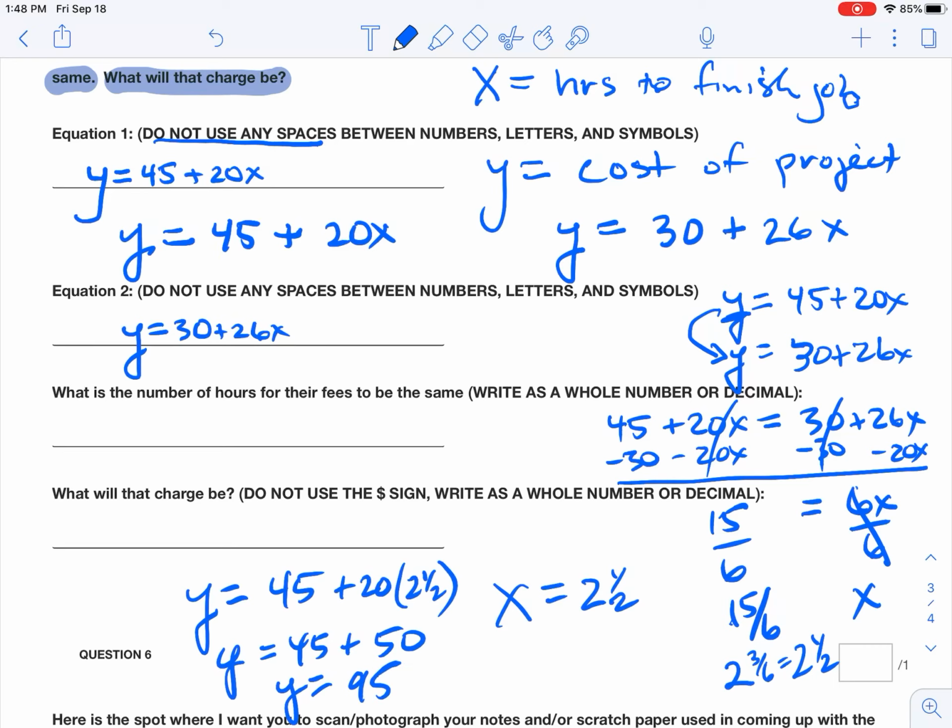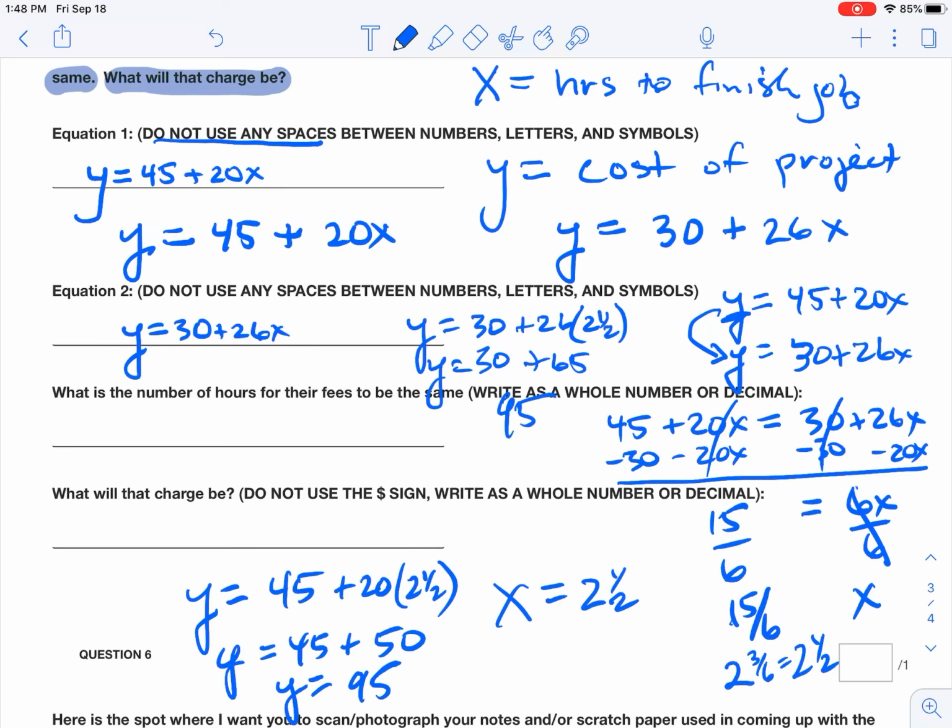And if you did this one, you would get exactly the same: Y equals 30 plus 26 times 2.5. 26 times 2 is 52, and 13 more is 65. So 30 plus 65 is what Y equals. And in both cases, you end up with 95.